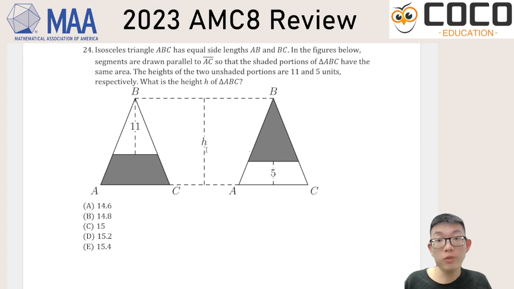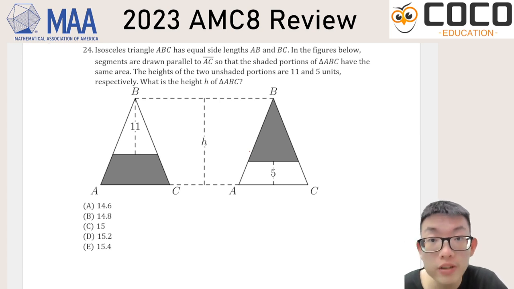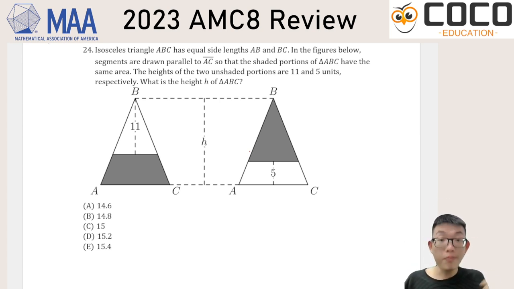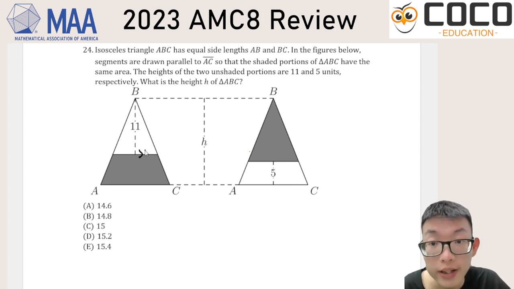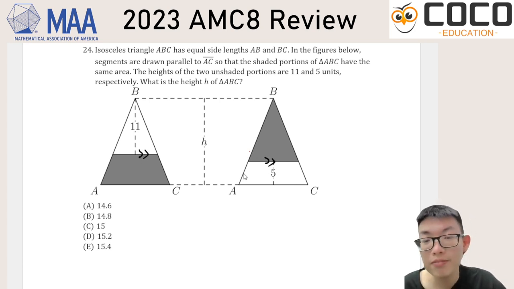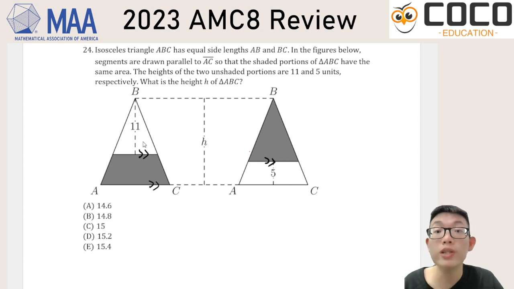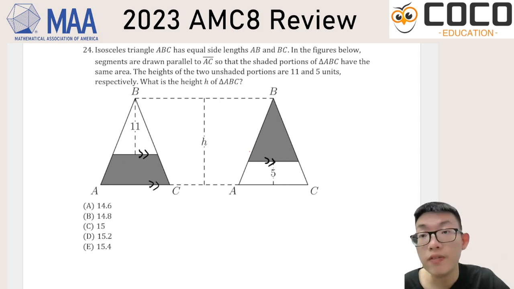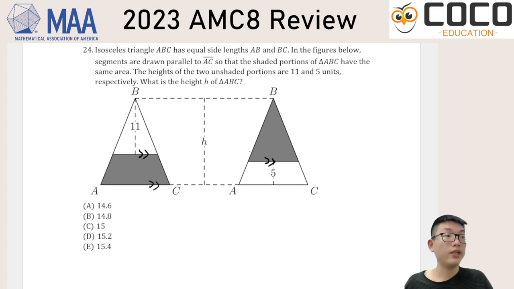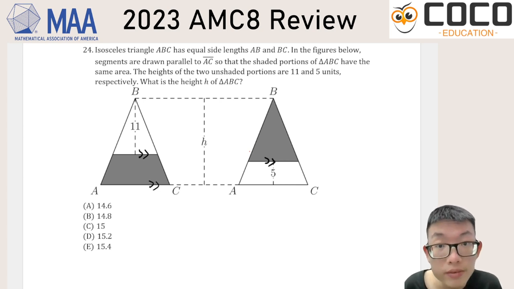Instead, we should probably just use a little bit of algebra coupled with similar triangles, because when you have parallel lines in this so-called pyramid shape, you're always going to have similar triangles. So the smaller triangles here are both going to be similar to the whole thing, and when we have similar triangles, we can find out what fraction of the area is occupied.